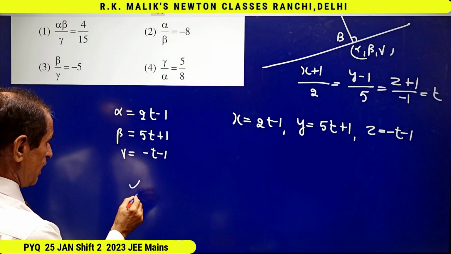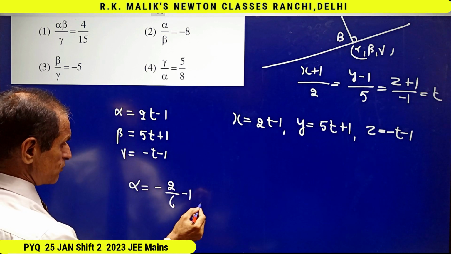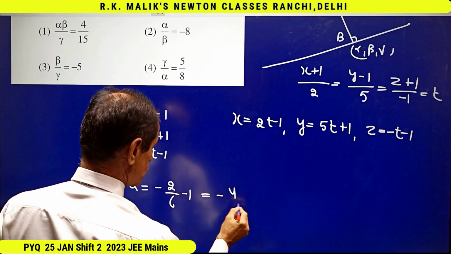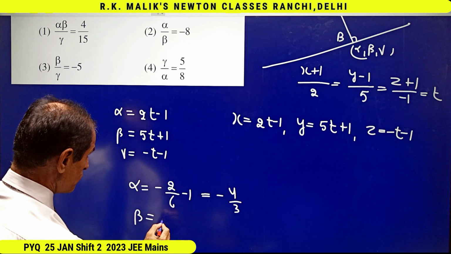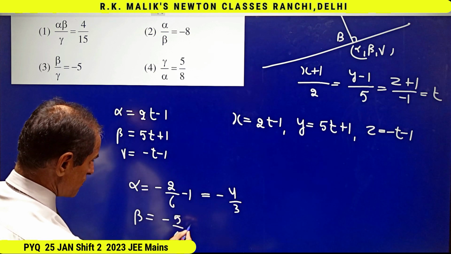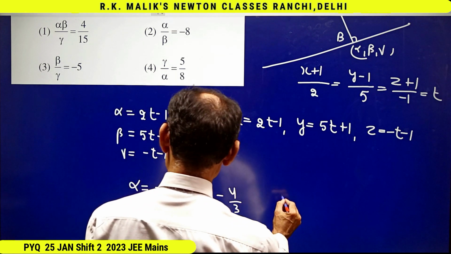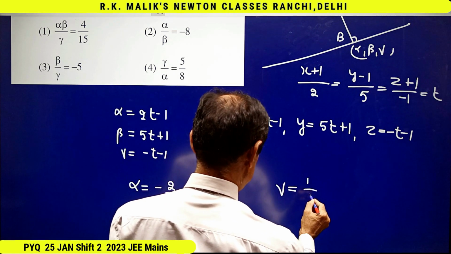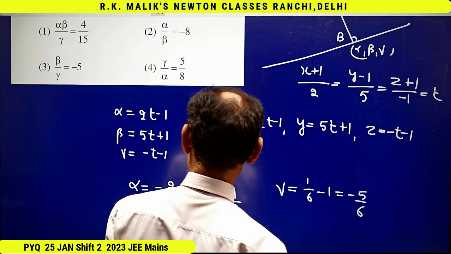Hence, we conclude that alpha is equal to minus 2 by 6 minus 1, that is minus 4 by 3. Beta equal to minus 5 by 6 plus 1, that is 1 by 6. Gamma equal to 1 by 6 minus 1, that is minus 5 by 6.